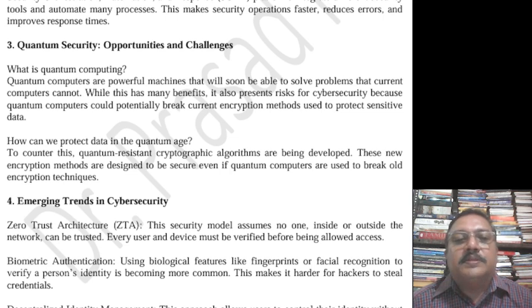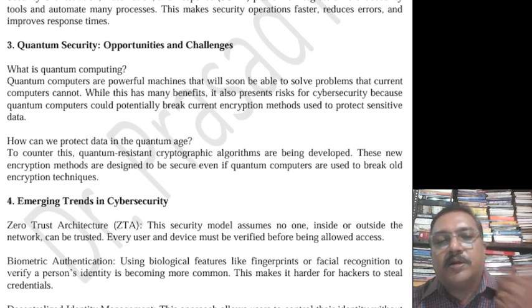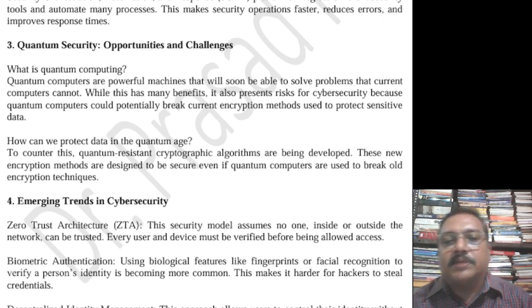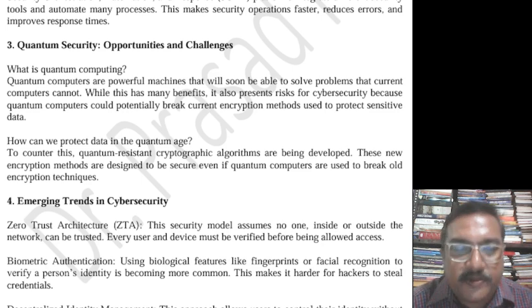While quantum computing has many benefits, it also presents a risk for cybersecurity, because quantum computers could potentially break the current encryption methods used to protect sensitive data. Whatever encryption method we use, decryption is normally difficult, but a quantum computer can do it very easily. It can analyze the encryption code and decode it very easily.